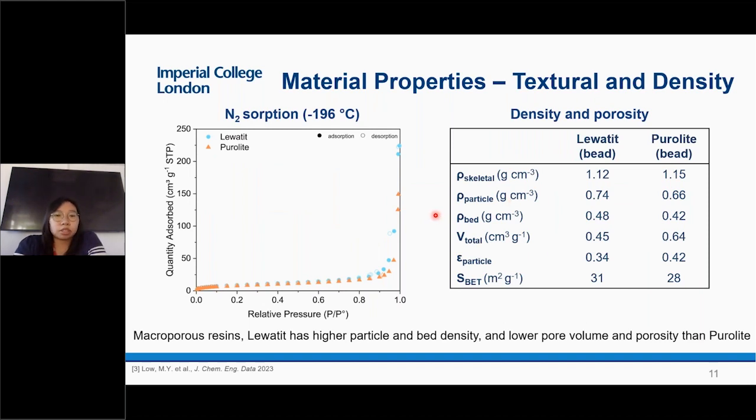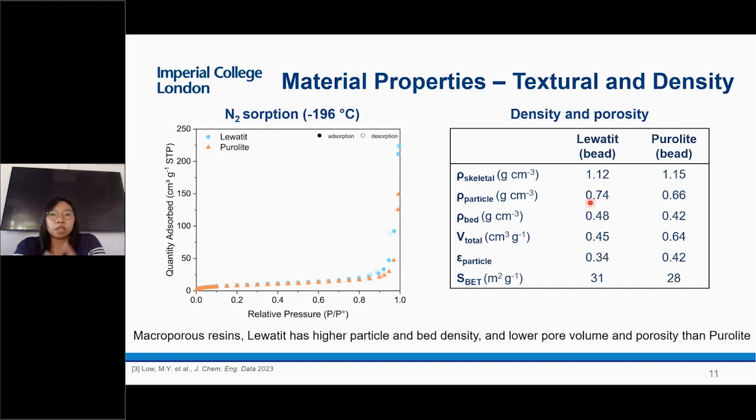In terms of the textural and density properties, we did nitrogen adsorption measurements at 77 Kelvin, and we basically saw that these are macroporous resins with expected low surface area. They have quite similar skeletal density, and the main difference is that Lewatit has higher particle and bed density and correspondingly lower total pore volume and porosity compared to Purolite.